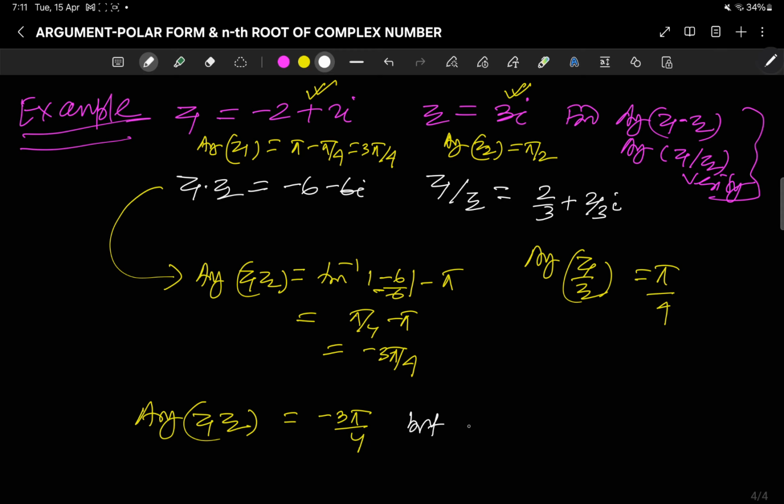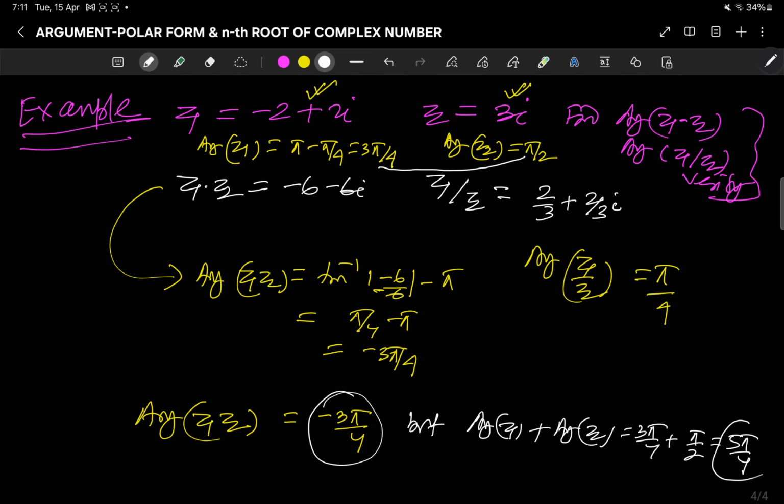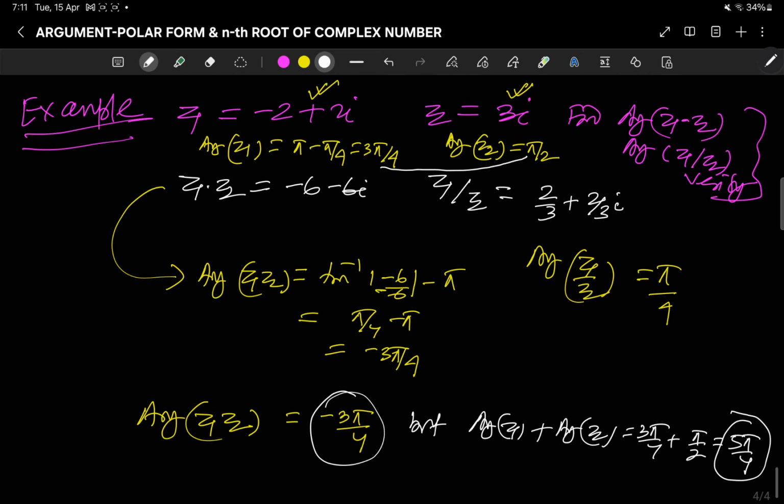but the argument of Z1 plus the argument of Z2 is 3 pi by 4 plus pi by 2, which is 5 pi by 4. You see, this is not equal to this. However, 5 pi by 4 minus 2 pi is minus 3 pi by 4.